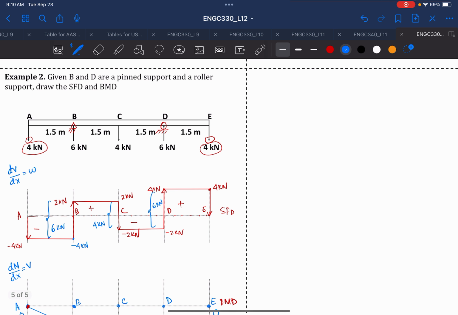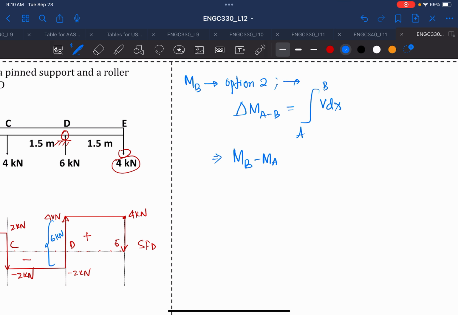And then option 2 is by using the concept that we have learned, that the change in moment from A to B should be equal to the area of your shear force diagram from A to B, and change in moment from A to B is MB minus MA. Please remember that the change is MB minus MA, not MA minus MB.